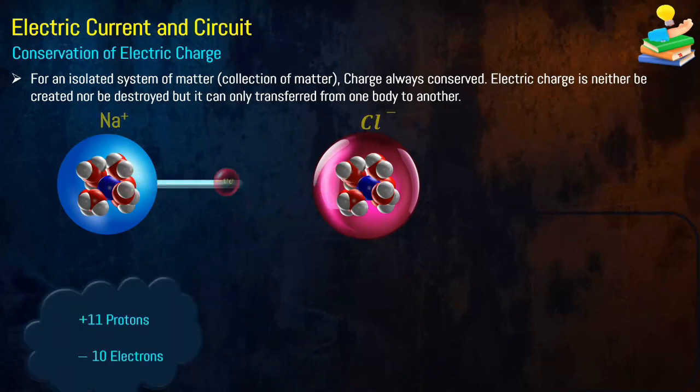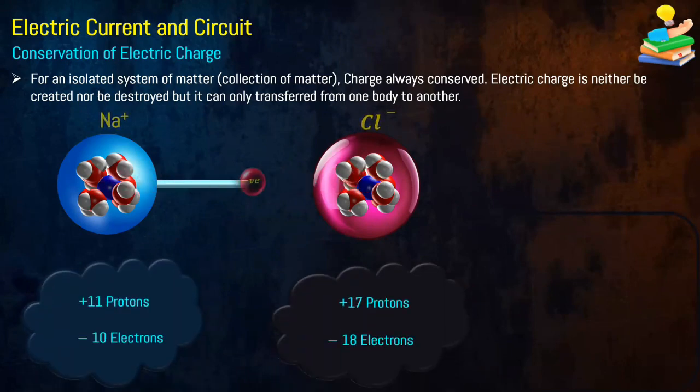Initially, the sodium atom consists of 11 protons and 11 electrons. Chlorine consists of 17 protons and 17 electrons. Now, one electron is transferred from the sodium atom to the chlorine atom. What will happen? Tell me. Initially 11 electrons, one electron is transferred.